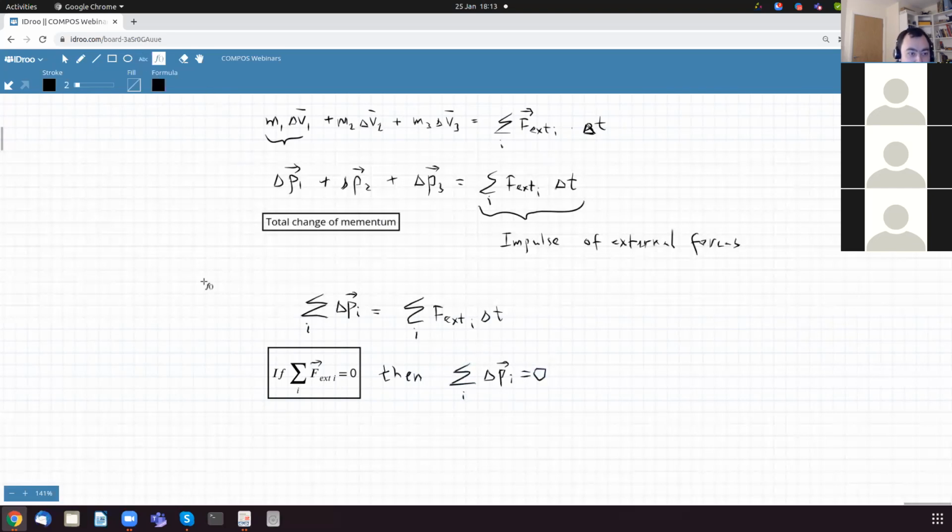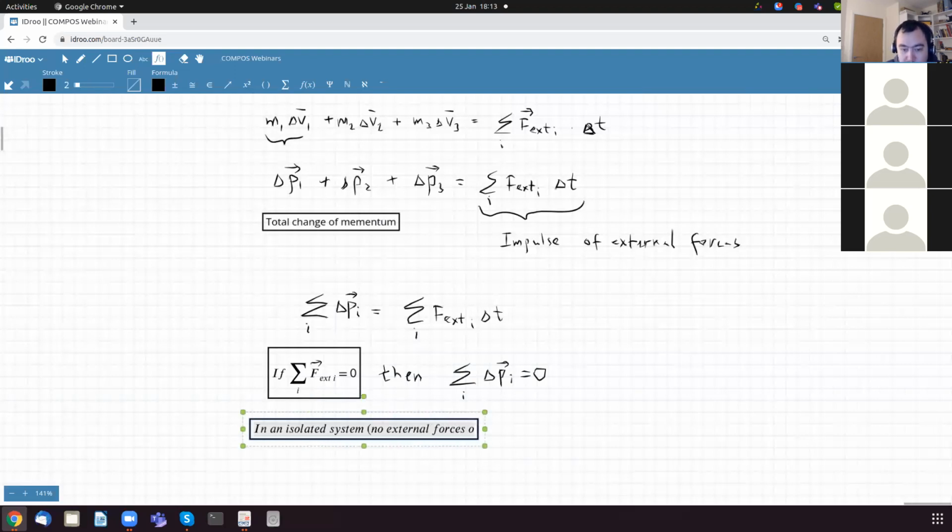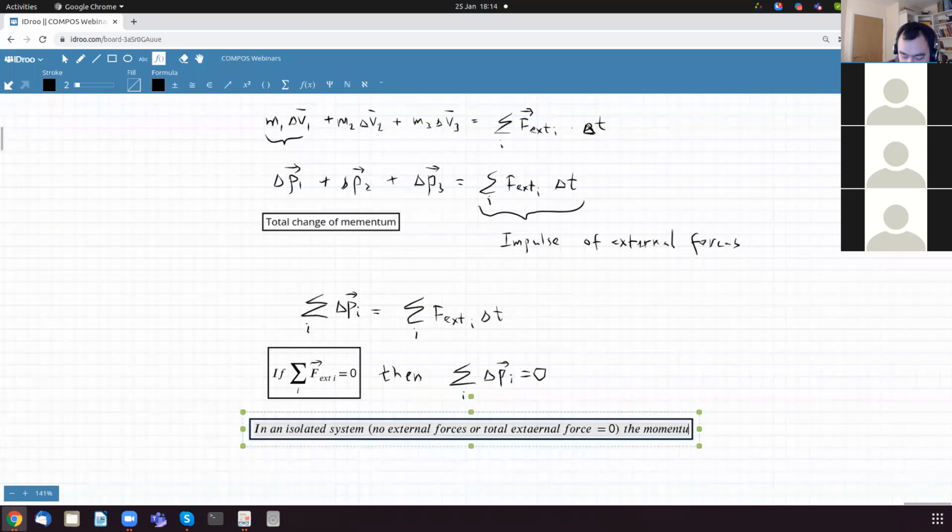So in simpler words, this is a fancy way of saying that in an isolated system where there are no external forces, or the total external force is zero, the momentum is constant.